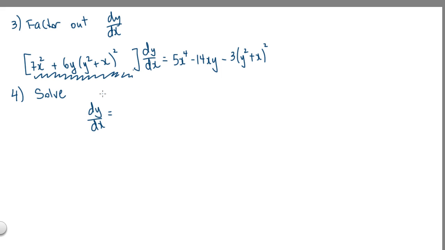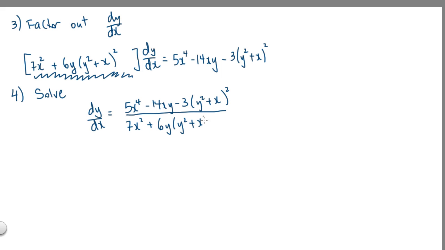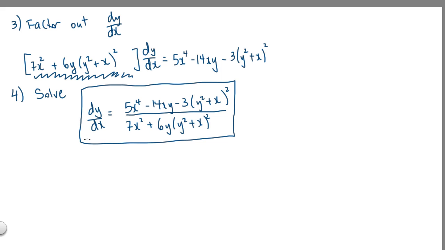So dy by dx is equal to our whole right side divided by everything in this bracket here. And that is our final answer to the problem.